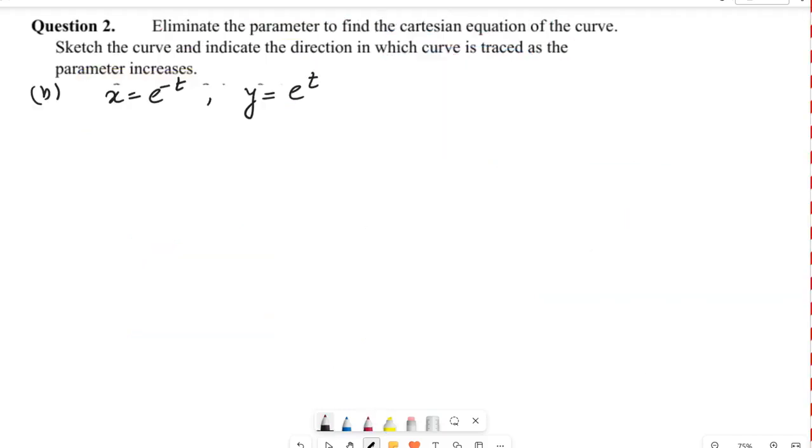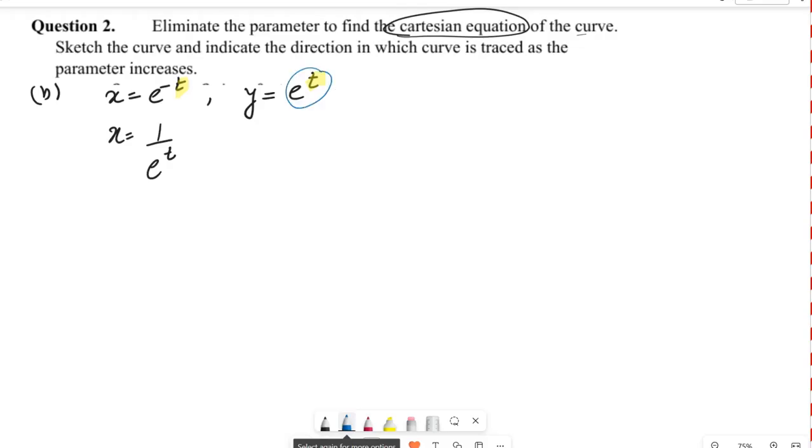Let's do another example of this. Eliminate the parameter to find the Cartesian equation. The parameter here is t. So somehow we need to find the Cartesian equation. Cartesian equation means the equation in terms of x and y. So let's see. I can write x is equal to e to the power negative t, which is 1 by e to the power t.